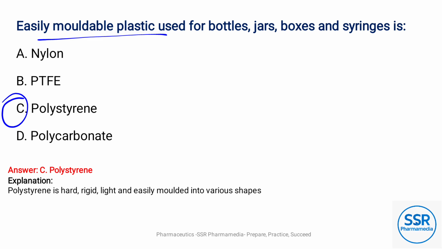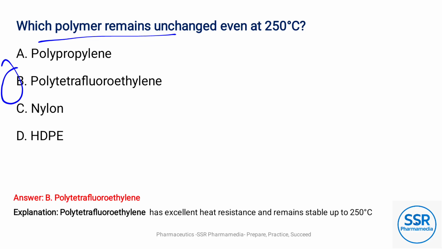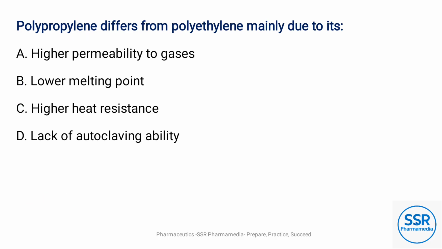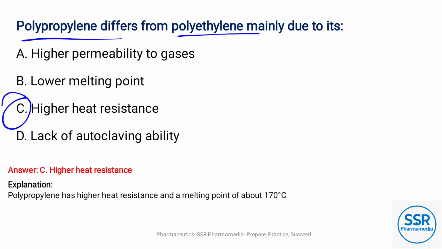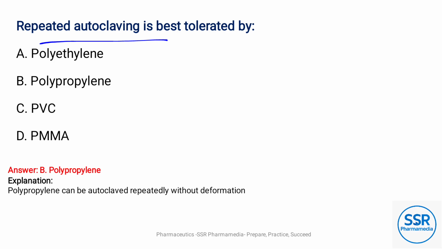Polystyrene is hard, rigid, light, and easily molded into various shapes. Which polymer remains unchanged even at 250 degrees Celsius? So option B, polytetrafluoroethylene. Polypropylene differs from polyethylene mainly due to its, so option C, higher heat resistance. Repeated autoclaving is best tolerated by, so option B, polypropylene.